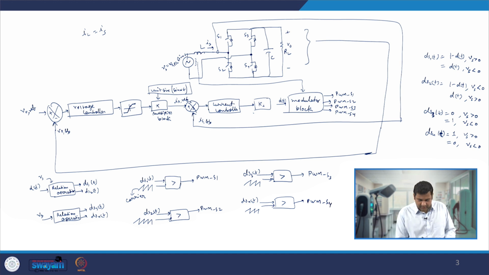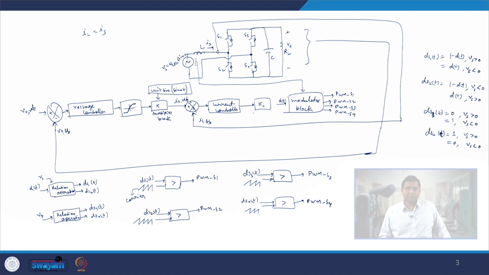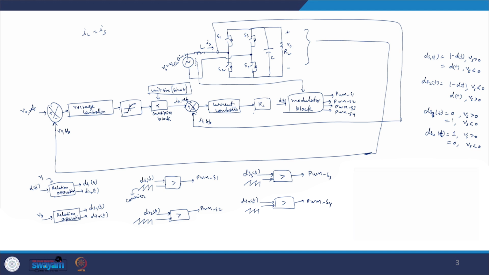Accordingly, you can design your modulator block. This is nothing but the things which are there in the modulator block, and that's when all the PWMs are generated, and you can send these to the gate drivers of the switches.